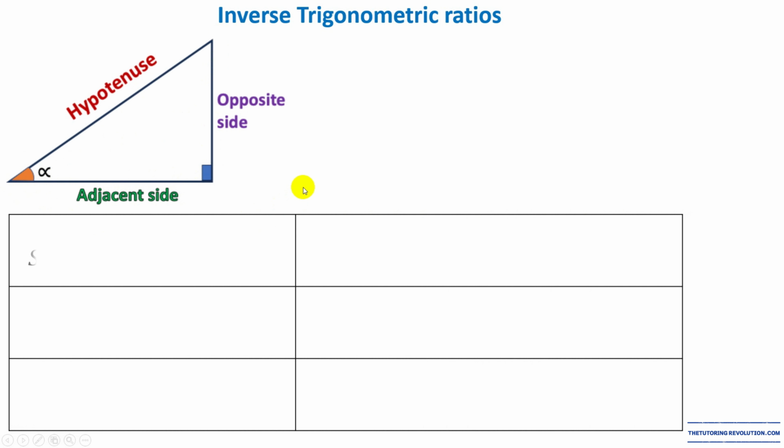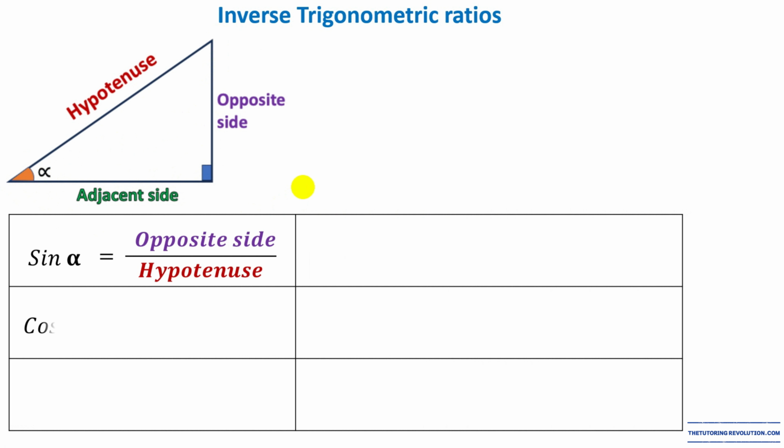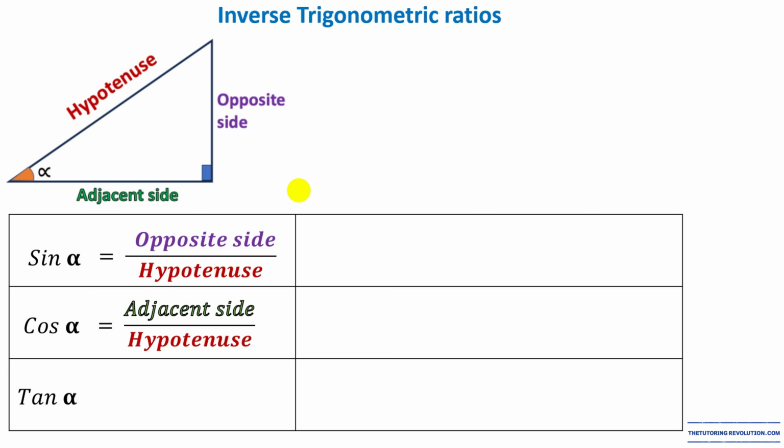So sine of alpha would be the opposite side length divided by the hypotenuse. Cosine of alpha would be the adjacent side length divided by the hypotenuse length. And the tangent of alpha would be the opposite side length divided by the adjacent side length. All of these are lengths of the sides of this triangle.